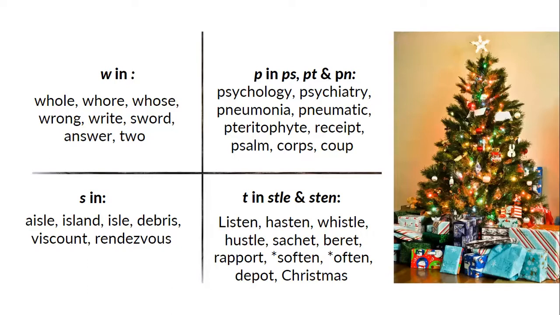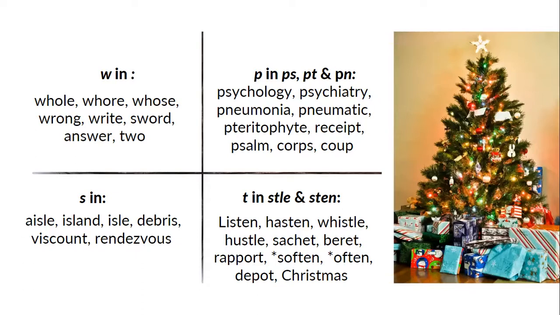Then W, it's silent in words that have WH sometimes, but it will always be silent whenever it comes before R. So whole, who, whose, wrong, write, sword, answer, and two. So that word is not sword, it's sword. The W is silent.